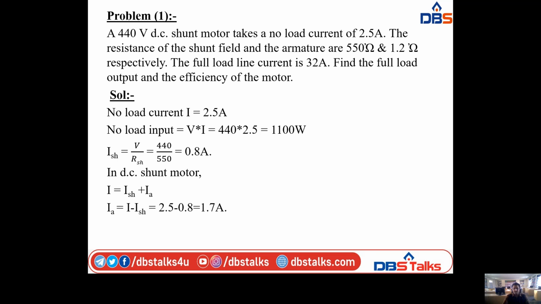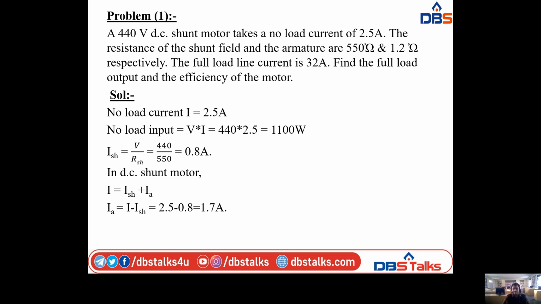By using this data, firstly we have to find out the output power. From the problem, the no load current I naught is equal to 2.5 amperes, and firstly we have to calculate the input power from the no load.